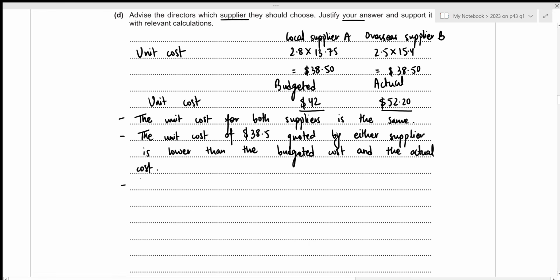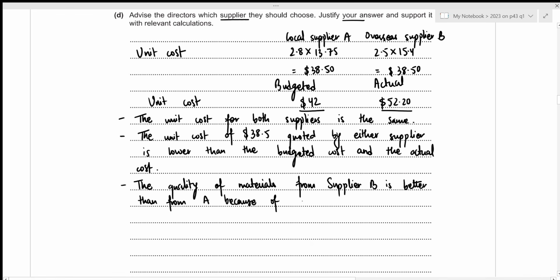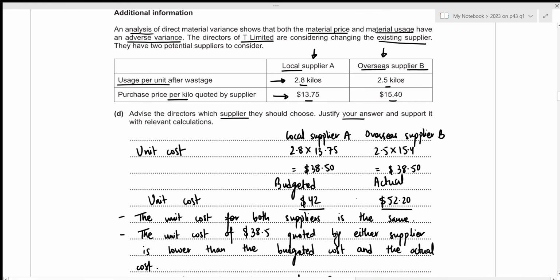Let's write it down. The quality of materials from supplier B is better than from A because of less wastage.